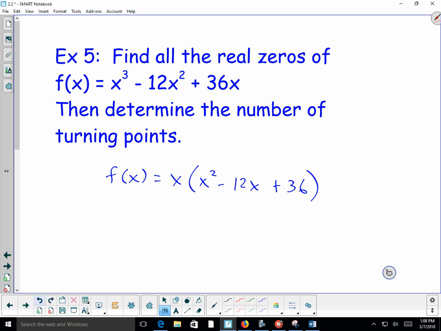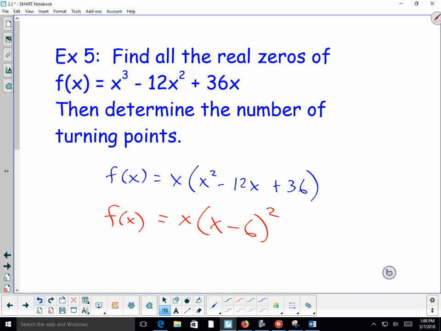Remember how this works? Take half of this number and square it. I think this is looking like a perfect square trinomial, so it's going to factor into x minus 6, quantity squared, right? So I could write my function this way.